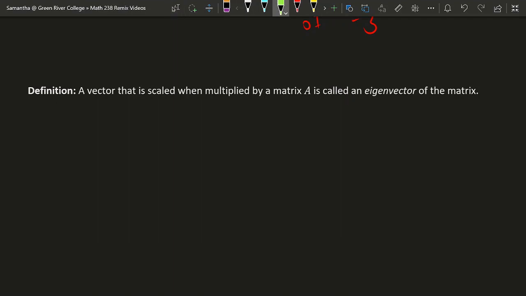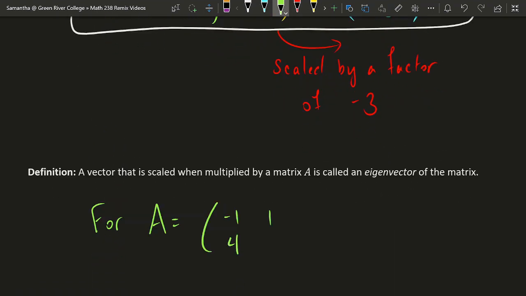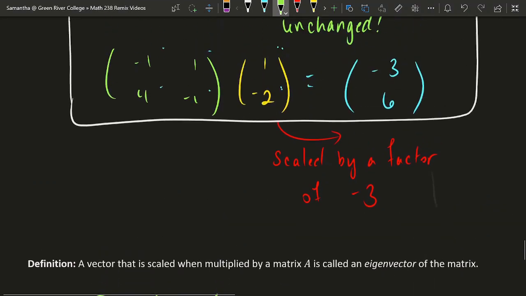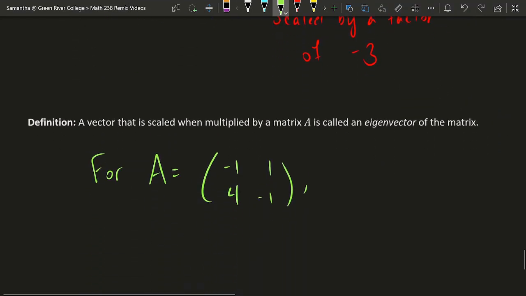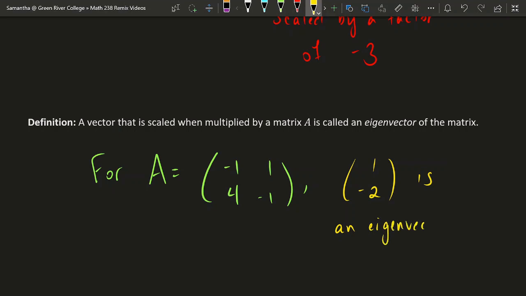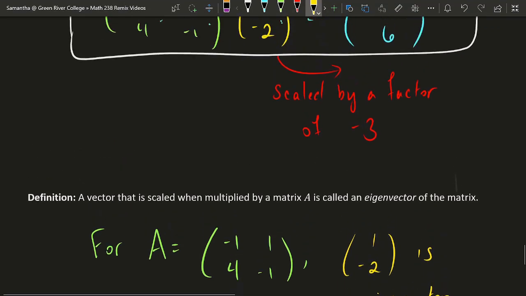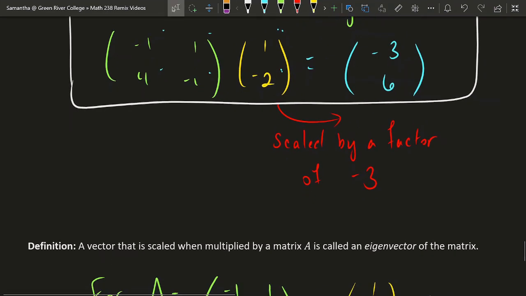For example, in the previous problem, with the matrix A equals -1, 1, 4, -1, the vector down here, 1, -2, would be considered an eigenvector, because when we multiplied it by the matrix A, the only thing that happened was that the answer was a scaled version of the original.